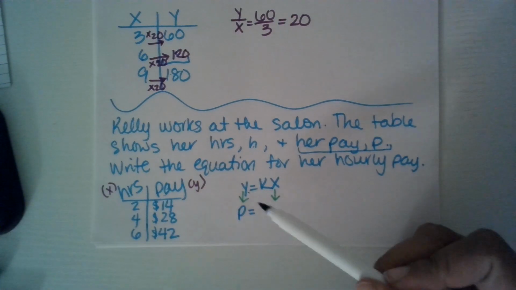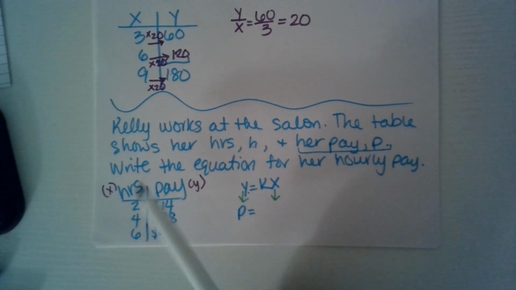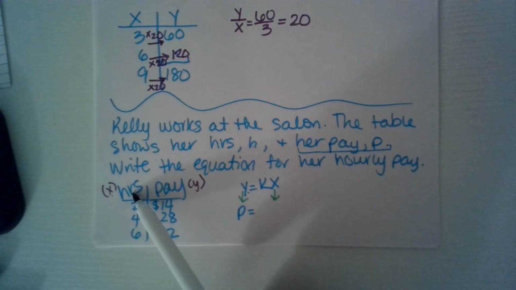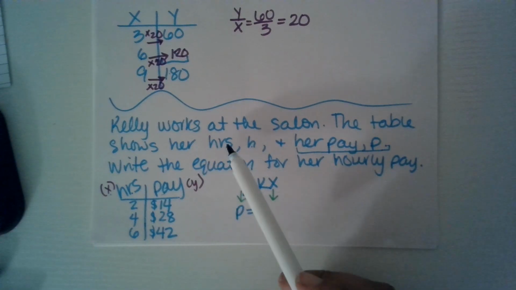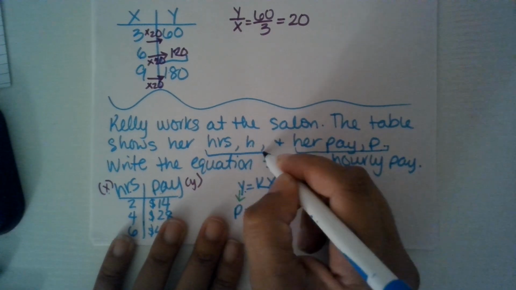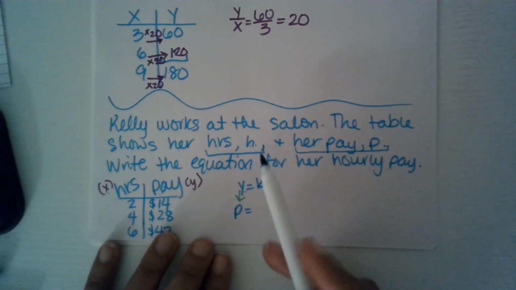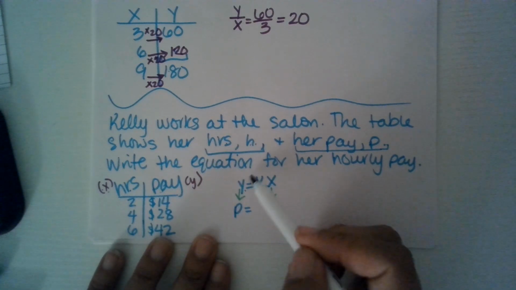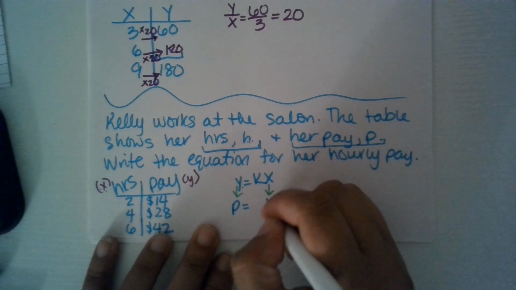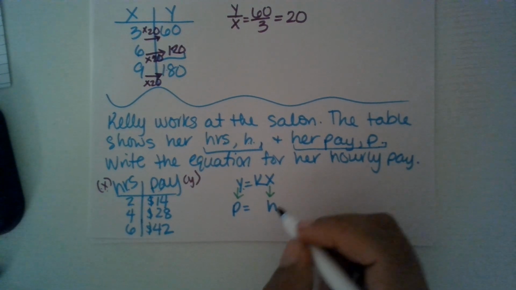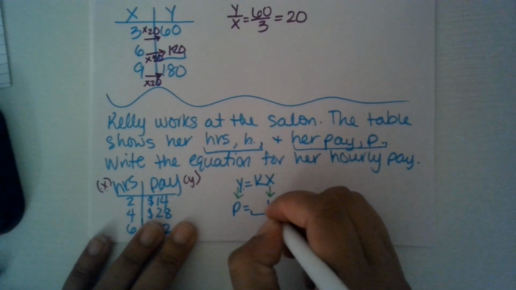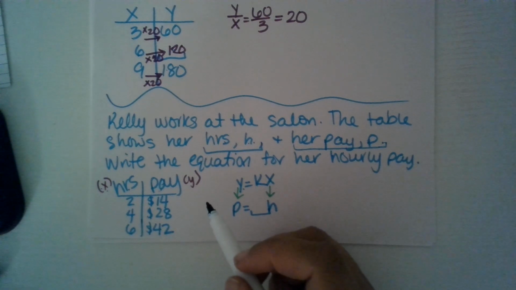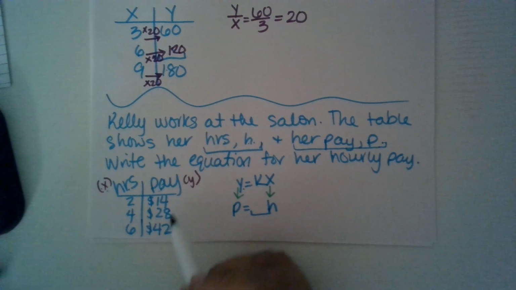Okay. For X, let's look at my column. X represents your hours, in which case hours was represented by a different letter instead of X. It was H. So instead of using X, you need to use H. And now you have to find the magic number. Going back to your tables, you can pick any value and divide.